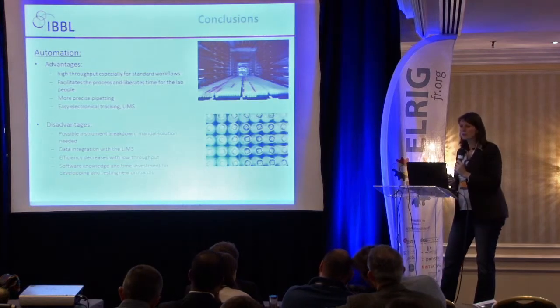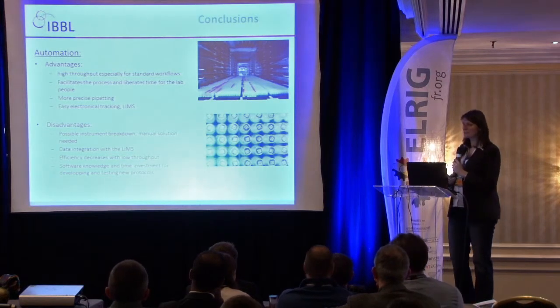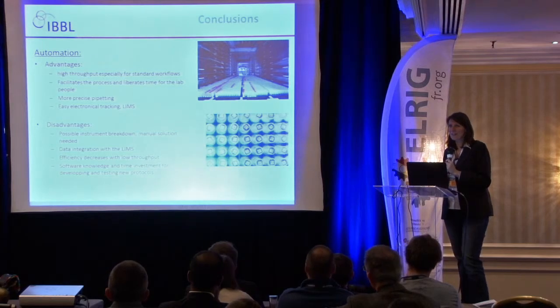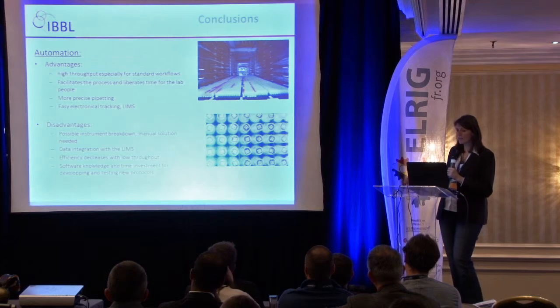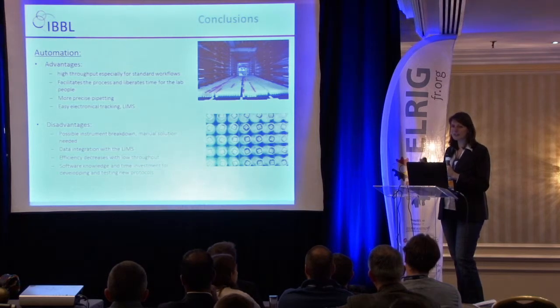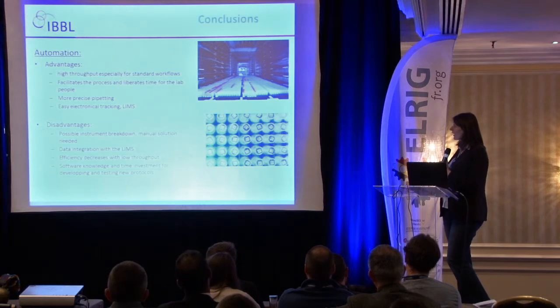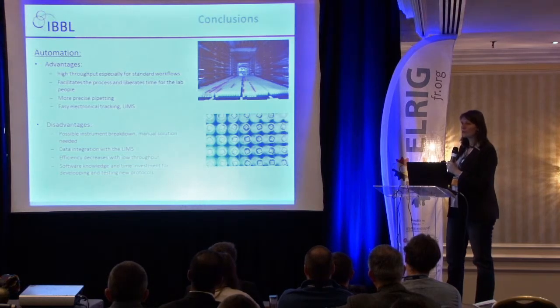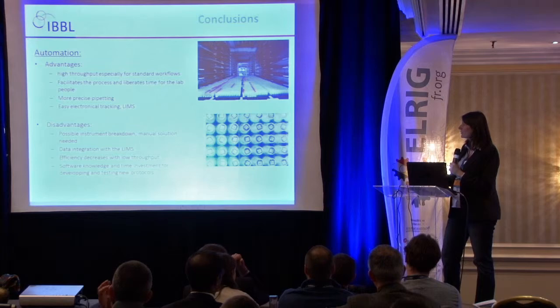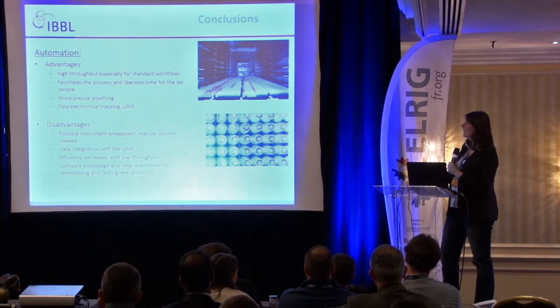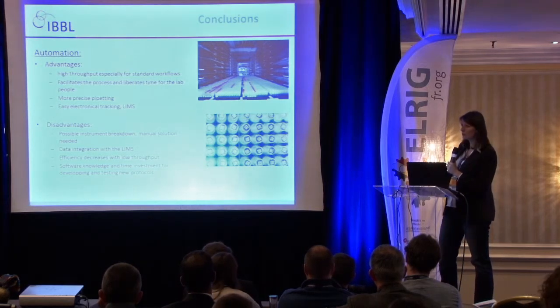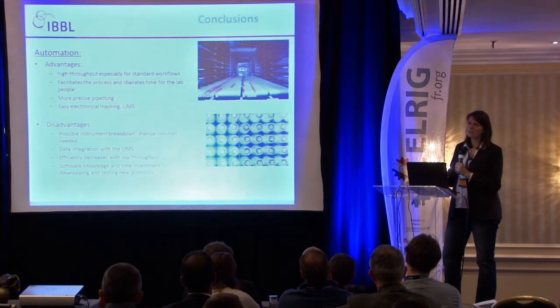So this brings us now to my last slide, which is a little bit of the conclusions. I put advantages and disadvantages, because as we have seen the different workflows, it was more illustrations. From the lab point of view, what you can clearly say as an advantage is that you have a high throughput, but only if you have standardized workflows.